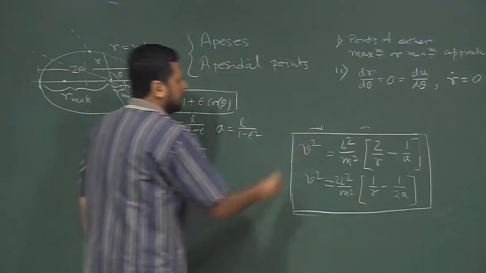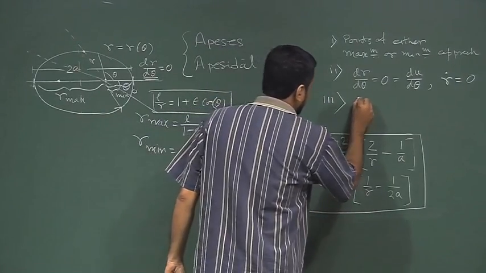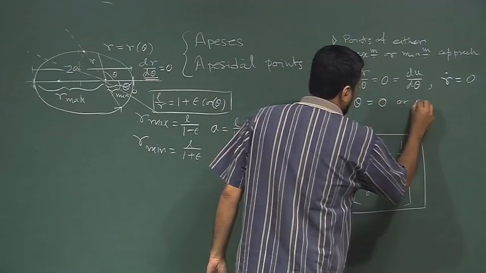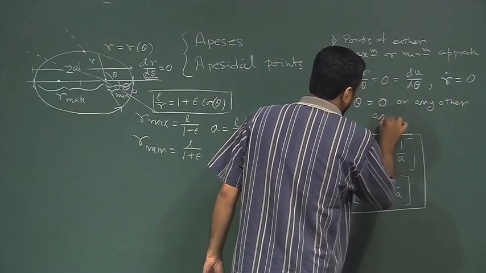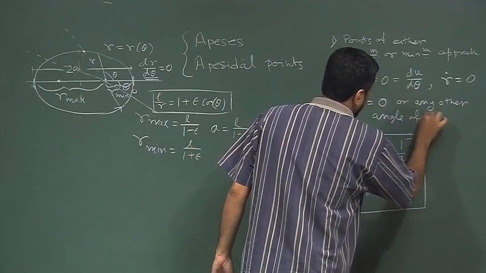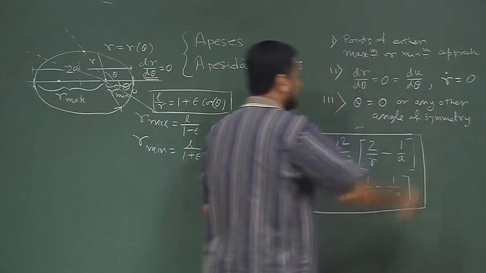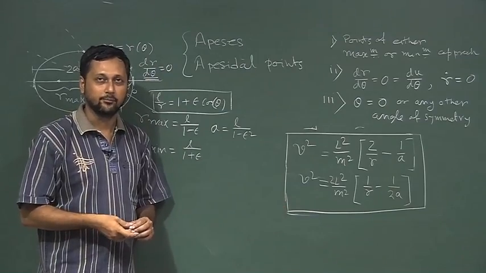So, the third important conclusion is, for an apsidal point, theta is equal to 0 or any other angle of symmetry. So, 0, pi, 2 pi, anything, 0 and 2 pi is essentially the same.